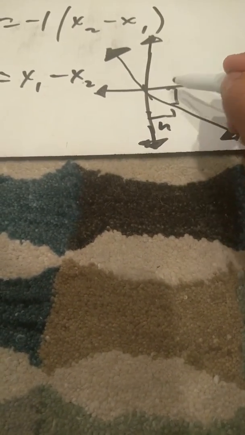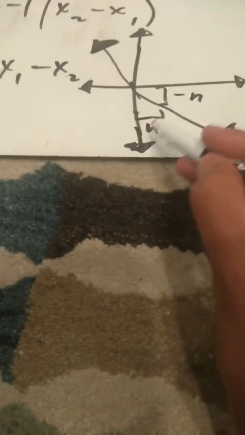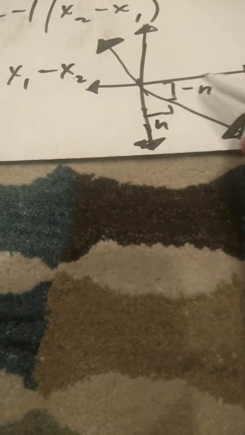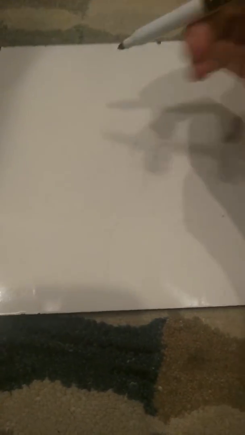Change from here to here is n. Change from here to here is negative n. So, they're opposites. Change in y is opposite, like negative 1 times the change in x. And yeah, so that covers it all for positive, negative, 0, and undefined slopes.